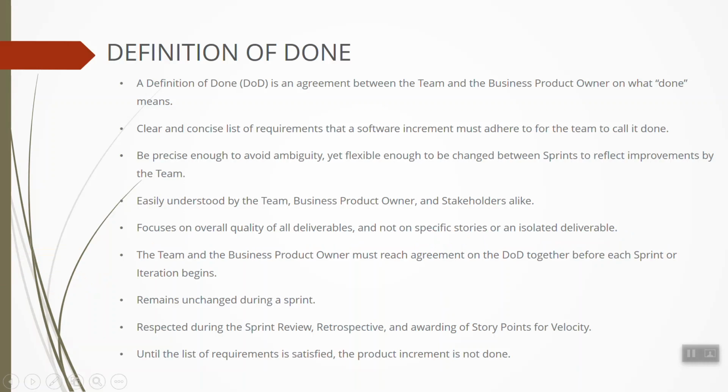So the definition should not be so technical that the stakeholder or the business product owner says, I really don't understand, or I have no idea what your requirement is, or what functionality we are going to build. It should be in a language that the business product owner understands, as well as it helps the developers.